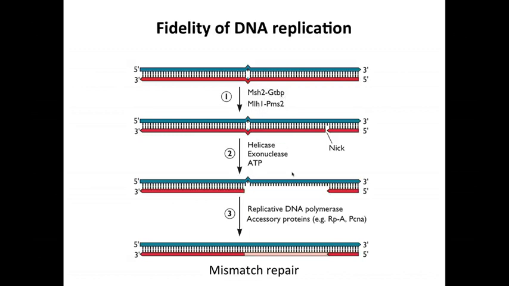Once the mismatch is detected, an exonuclease makes a nick near the mismatch, and the offending sequence is removed by a nuclease, and then a DNA polymerase comes in and fills in the bases again. So we're actually removing a large piece of DNA to get at this single mismatch, but it is something that can be done after DNA replication occurs.